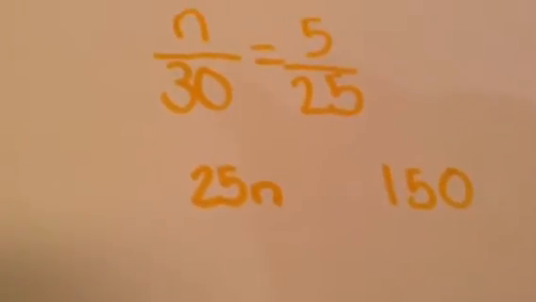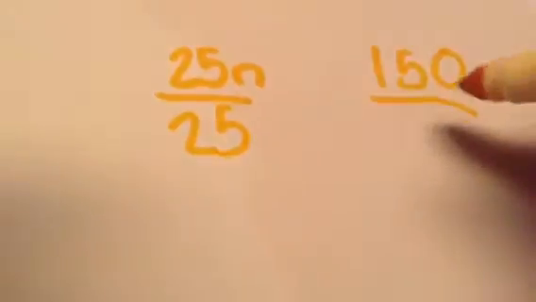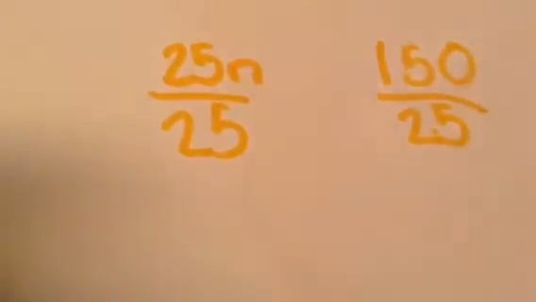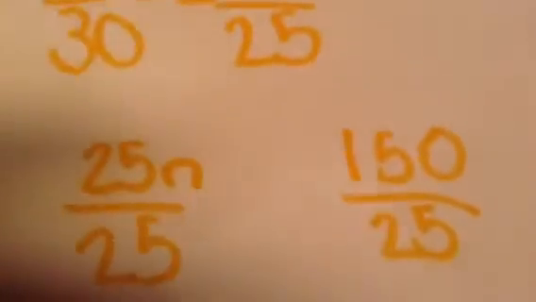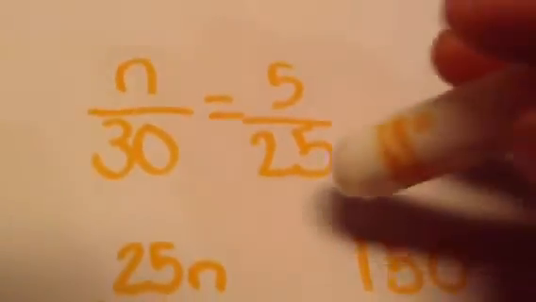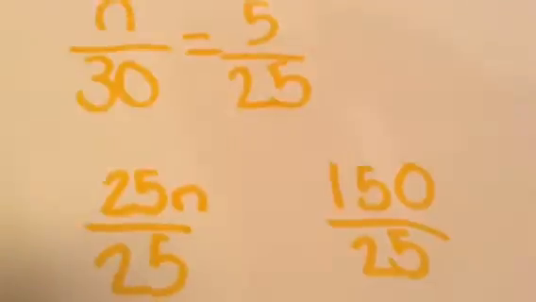So, like we did last time, we're going to make it into a fraction. And since we have the denominator for this one, we're going to divide by 25. 150 divided by 25 equals 6.